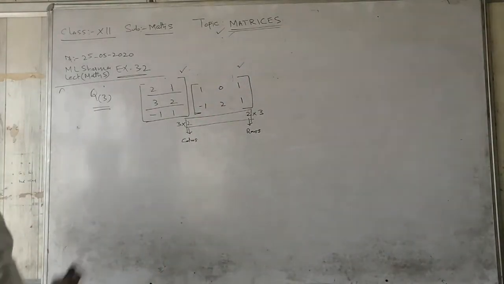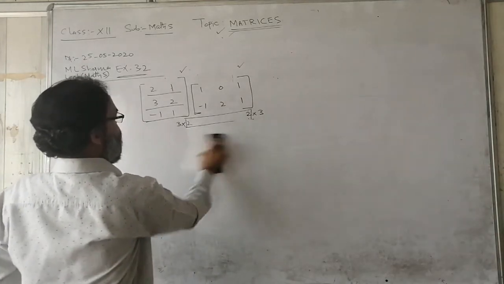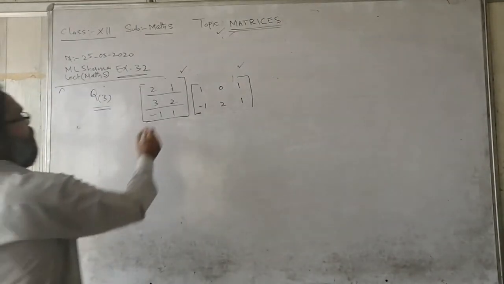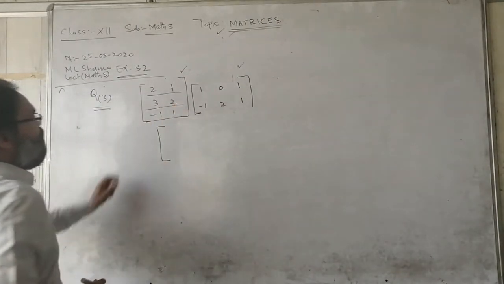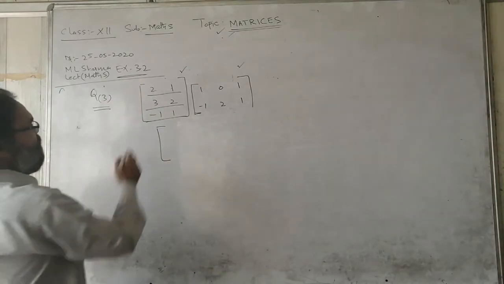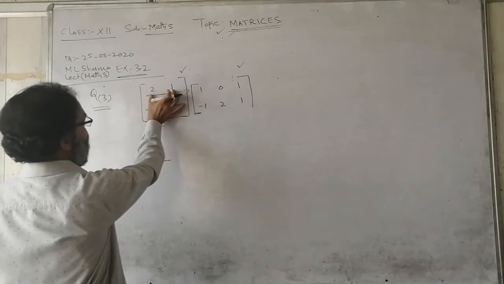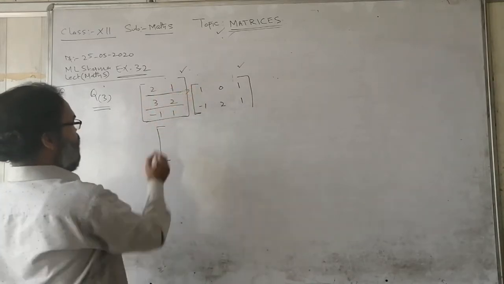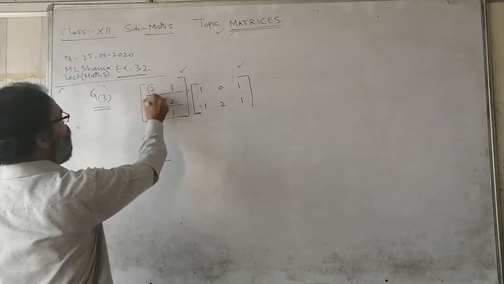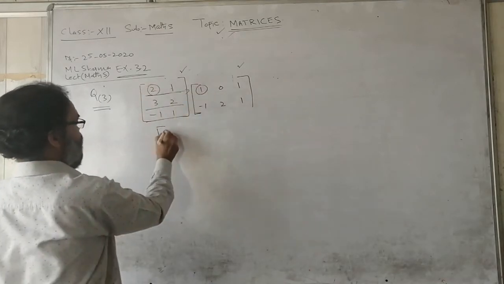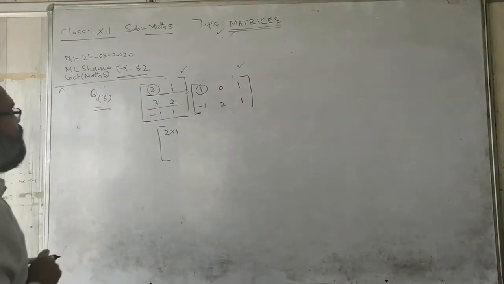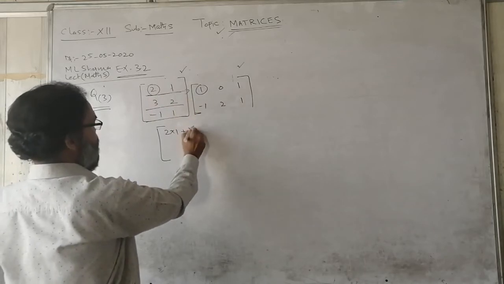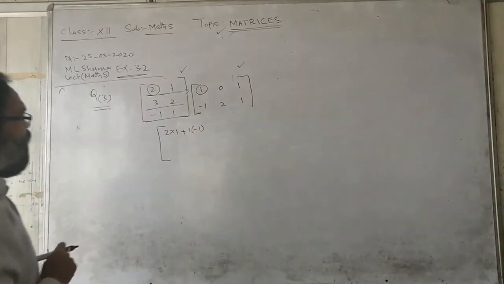So for multiplication, first row R1 is to be taken. The elements on this row are to be multiplied by elements on the first column. So I will have 2 multiplied by 1 plus 1 multiplied by minus 1.